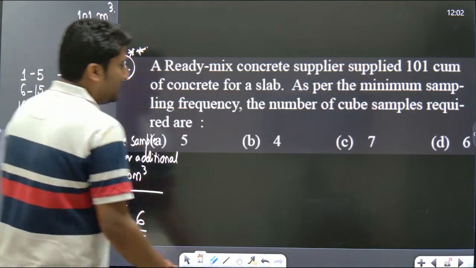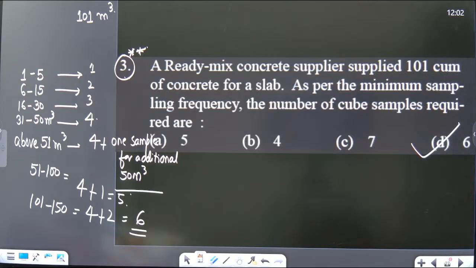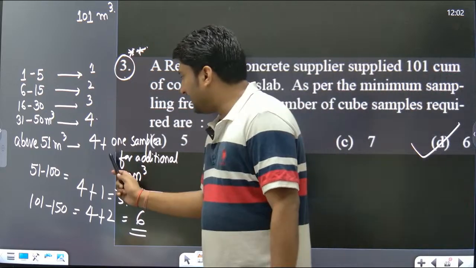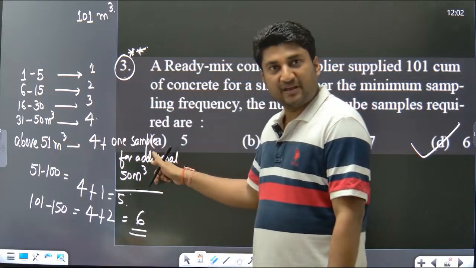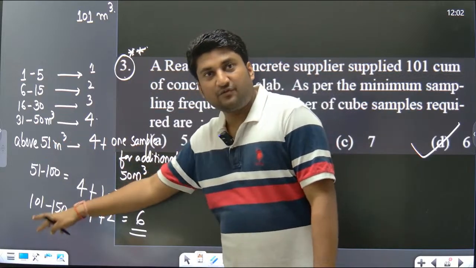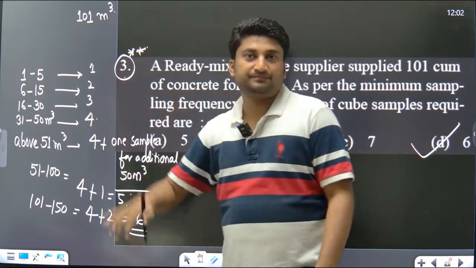So your answer will be 6. Option D is the correct answer. Vignesh, it is not 5, it is 6. Because 4 plus for additional 50 means 51 to 100, it is plus 1. For 101 to 150, in 4 you need to add 2.